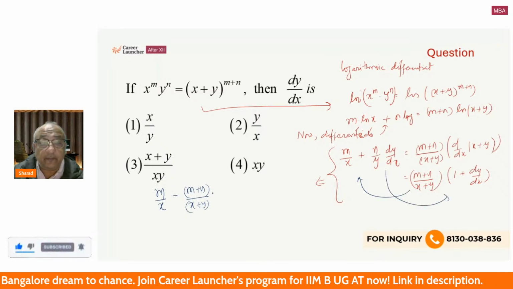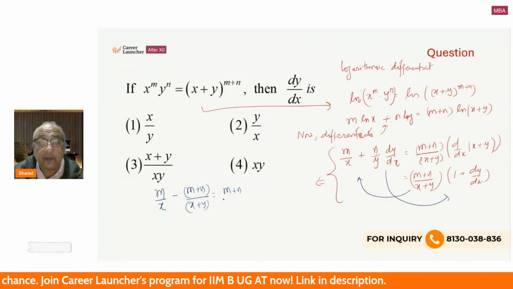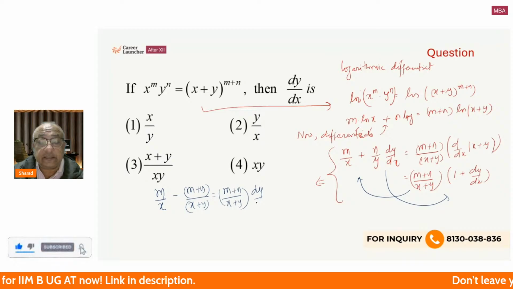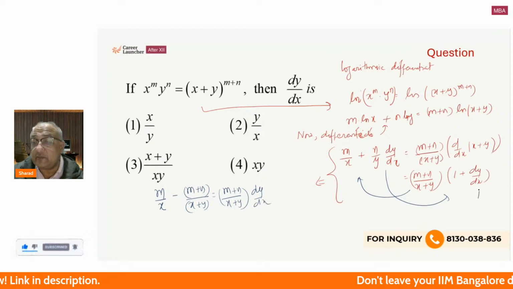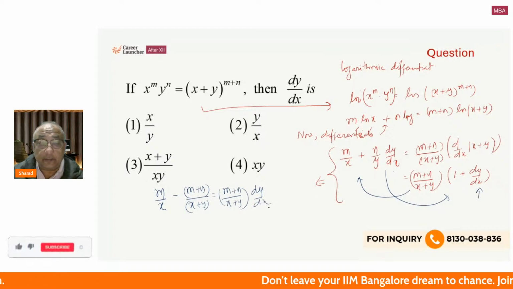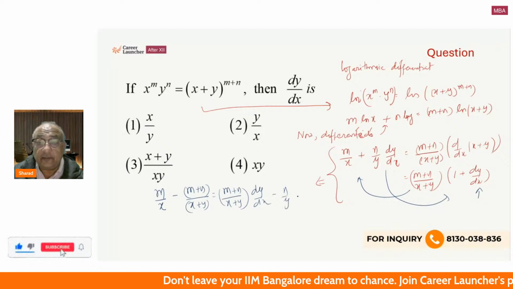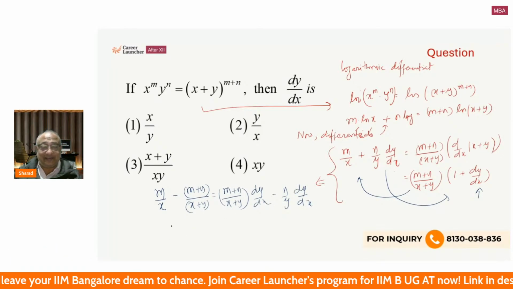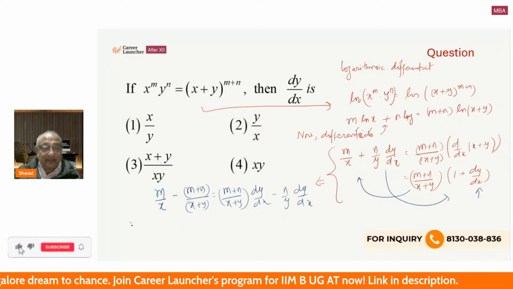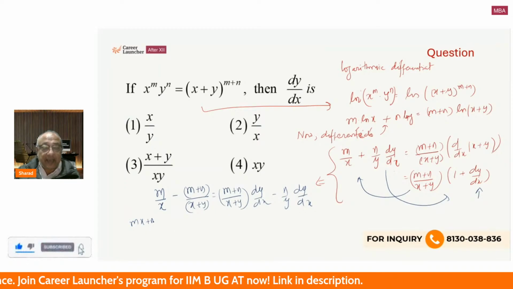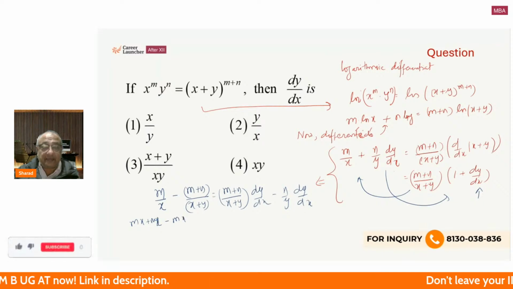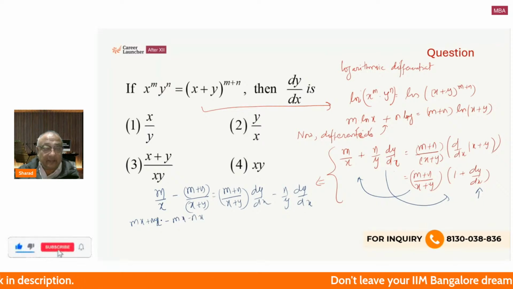And this will go here. So this will be (m plus n) upon (x plus y) times dy by dx, and this part is going that side, n by y. So this is it, right? So this will become mx, I'm taking an LCM, plus nx minus mx minus nx, minus ny.